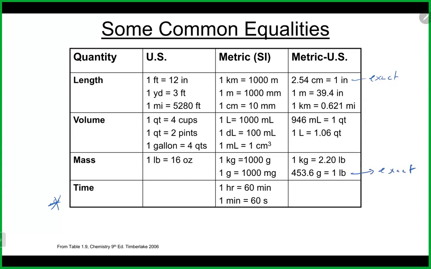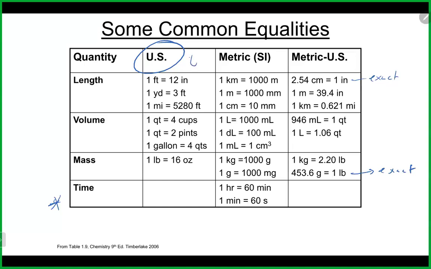So let's talk about significant figures if we're using any of these equalities. If you're using any of these equalities, in this column or any other one that would be in this column, a US to US conversion, you do not have to worry about significant figures. They're considered exact numbers. So if you're doing a calculation with it, you don't really have to worry about the actual conversion factor and its significant figures.